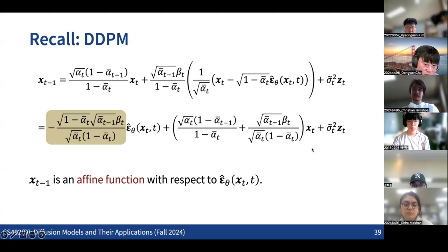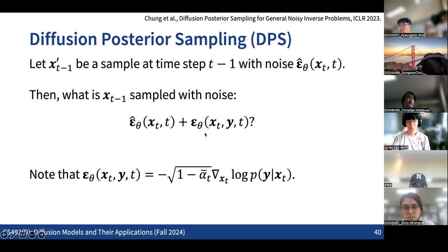And here, what we want to do is modify this noise, right? So we are not just taking the unconditional score, but also adding the conditional score. This means that we are not just directly taking this noise, but adding a conditional noise factor here.